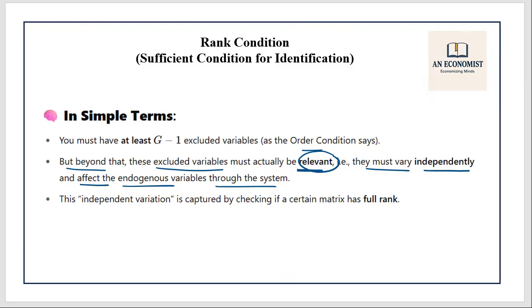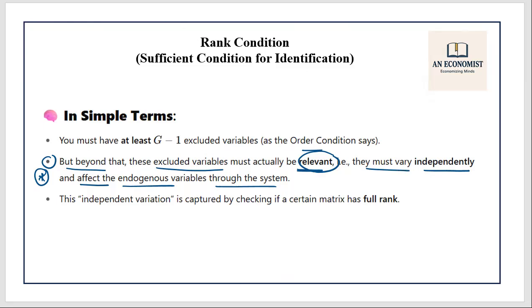So please understand this thing. This point is very, very important intuitively. Mathematically, it's pretty simple to do that. I'll show you with the help of an example, but intuitively understand why this sufficient condition is also needed, right? This intuition has to be very clear: why do we need the rank condition?